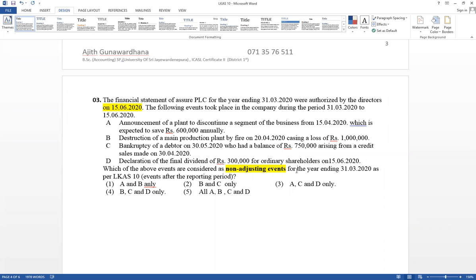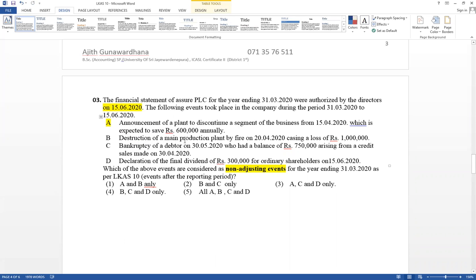There's non-adjusting. Think about the first one. Announcement of planned discontinuation of a segment of business from 15 April 2020, after 31st March and before the director signs, which is expected to save 600,000 annually. Think about it: if the business has decided to discontinue part of business activities, it cannot be adjusted this financial year. We cannot adjust this year. This is non-adjusting.